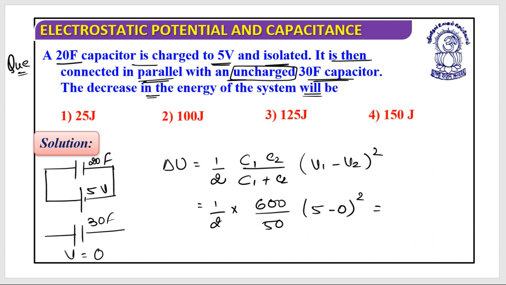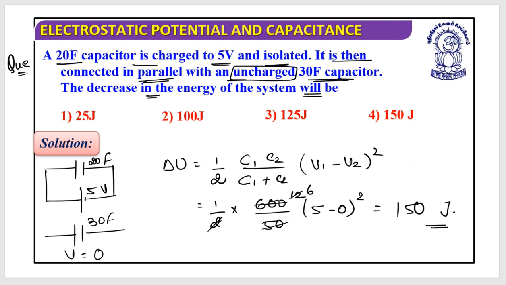The rest can be done by you. 50 twelves are 600, and 2 sixes are 12. It is 6 multiplied by 25, that is 150 joule. This is the answer if you remember this formula.